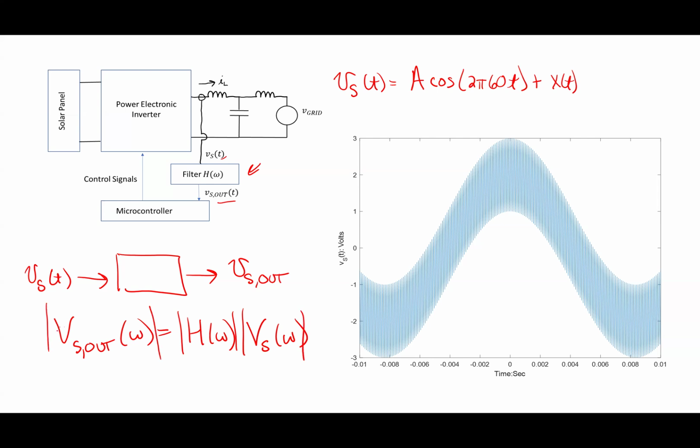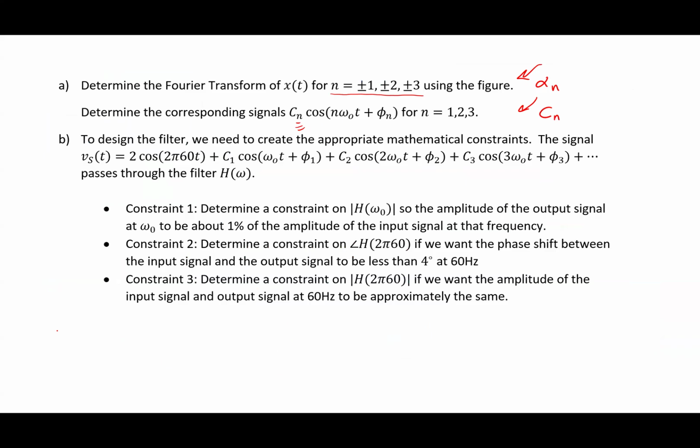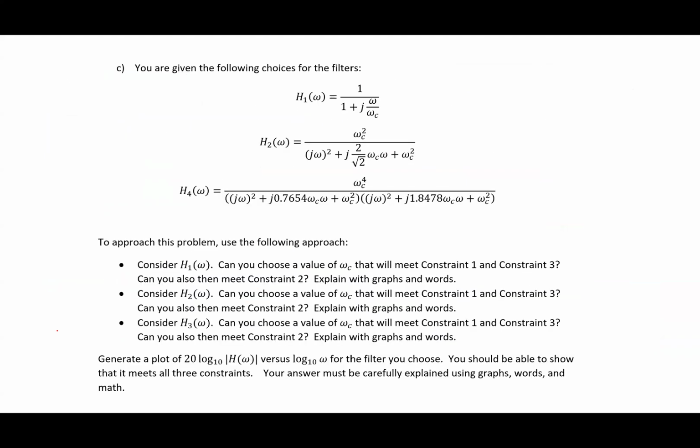Okay. All right. So now what I do is I give you a couple of constraints, right? And I give you essentially 3 different choices for the filter. What I ask you to do is to basically compare those 3 choices. Only one of those choices is going to meet all of the constraints.